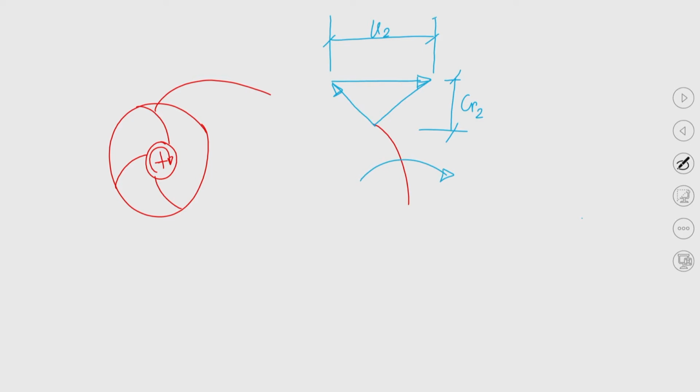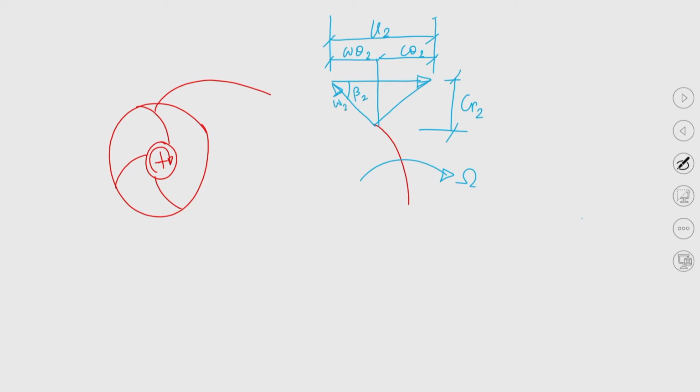This is rotating in this direction with an angular velocity omega. And this is C theta 2 and this is W theta 2. This angle is beta 2 and this is W2, right.